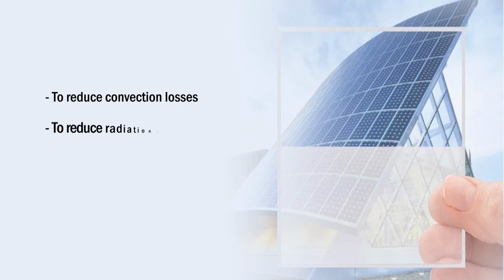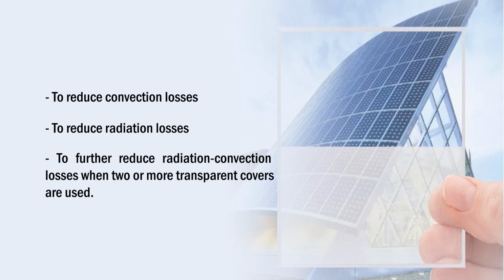The second function is to reduce radiation losses from the collector, because the spectral transmittivity of the glass is such that it is transparent to short wave radiation but nearly opaque to long wave thermal radiation emitted by the interior of the collector. The third function is to further reduce the radiation and convection losses when two or more transparent covers are used.